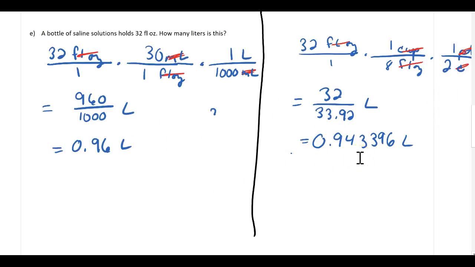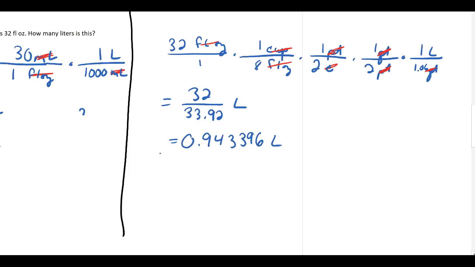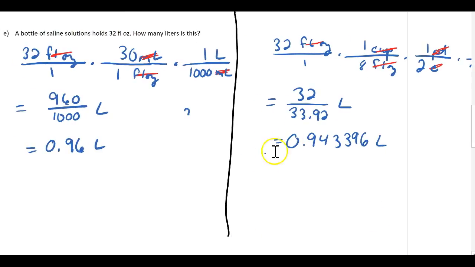Notice there's a slight difference because of the way that we went. That's okay. You can use either method. You just have to let me know which direction you went. Which conversion factors did you use? A lot of it is because this 30 milliliters to 1 fluid ounce is an approximation. It has been rounded. Same thing over here, 1 liter to 1.06 quarts has also been rounded. So we have to be careful and not say one is exactly correct, one's exactly wrong.